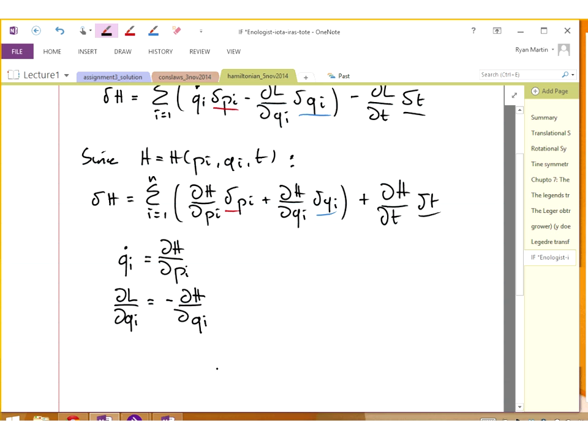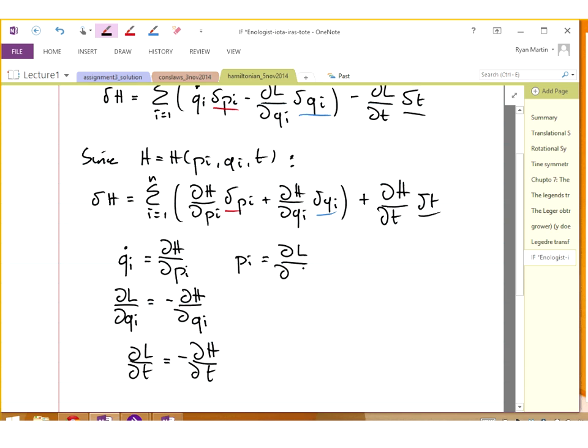We find that ∂L/∂t is equal to minus ∂H/∂t. Those last two equations are equivalent to the ones that were the derivatives with respect to the passive variable. So that's why they both have a minus sign. So it's still completely equivalent.